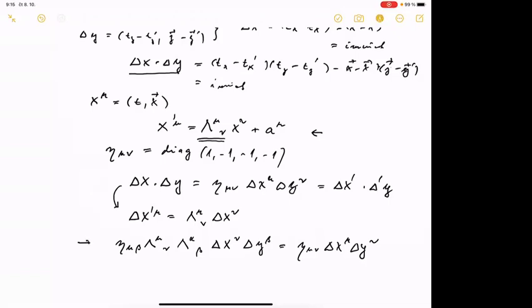And this equation should be valid for any δx and δy.